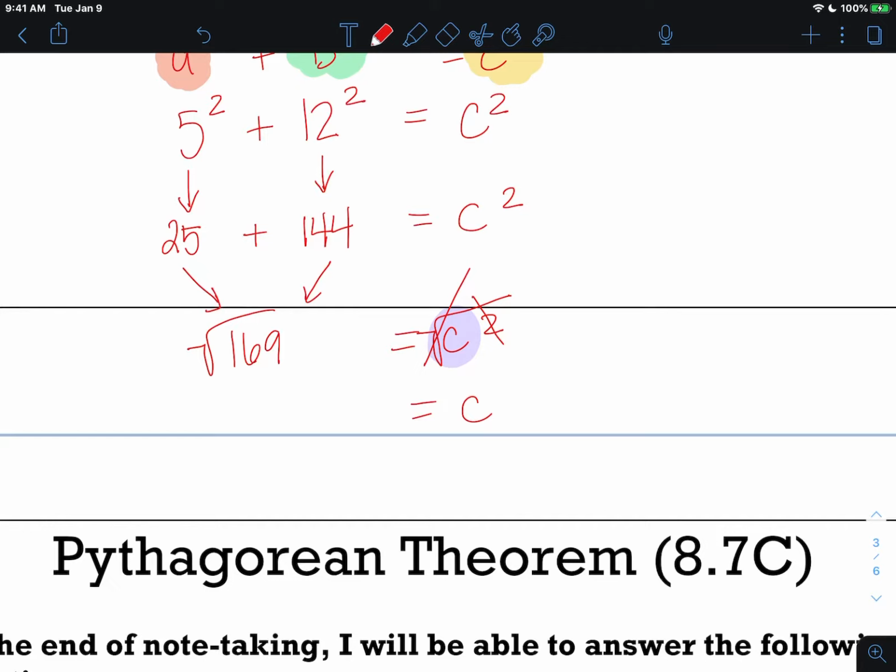I can also say, if this is a perfect square, what number times itself equals 169?